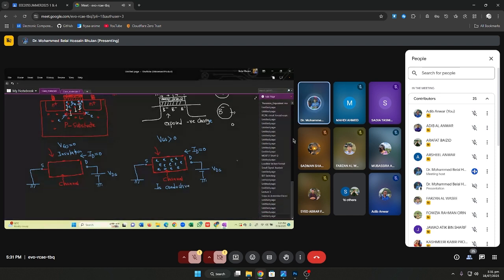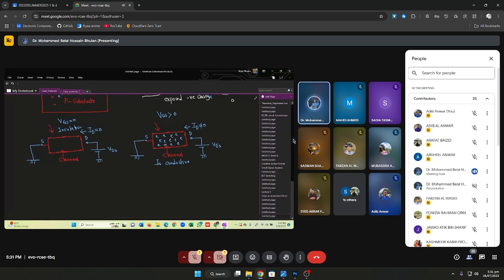Now, if you apply a voltage, will the current be zero? Current will be non-zero. So you see, it's just two scenarios. On the left hand side, when VG is equal to 0, it's like an insulator. On the right hand side, it's like a conductor.